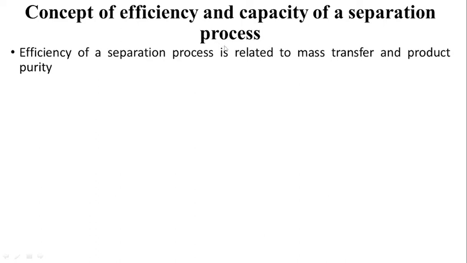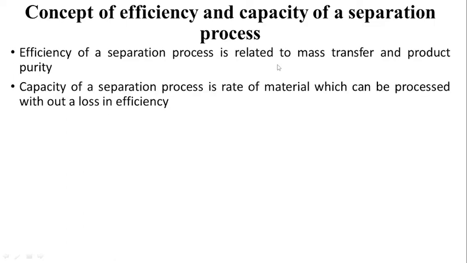Distillation is a separation process, and the efficiency of separation is mainly related to mass transfer and the product purity that we require. The capacity of a separation process is the rate of material which can be processed without a loss in efficiency. So if we need more capacity, then we require a larger diameter of the distillation column. Okay.